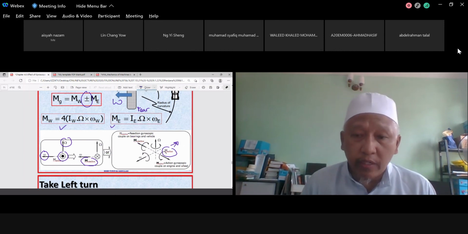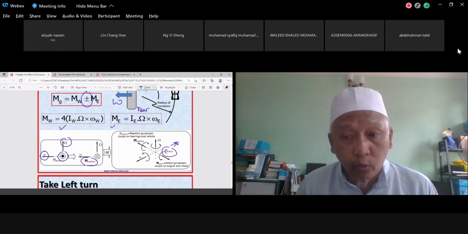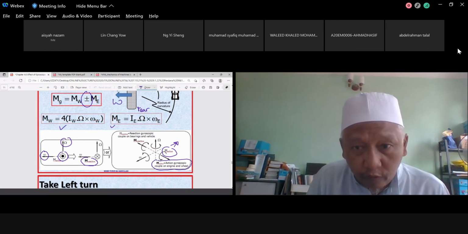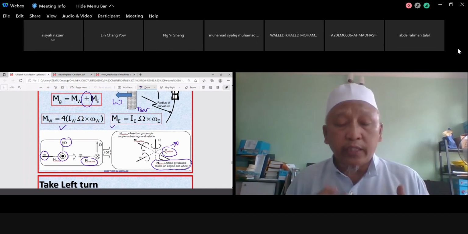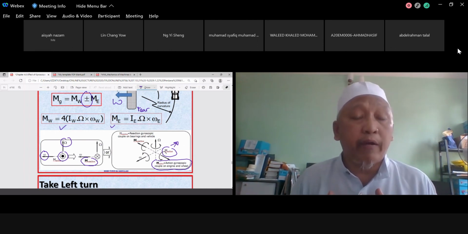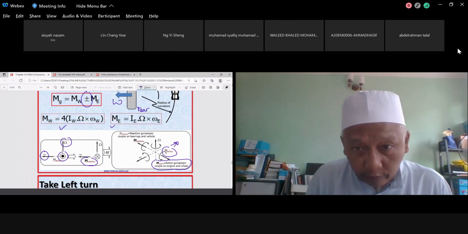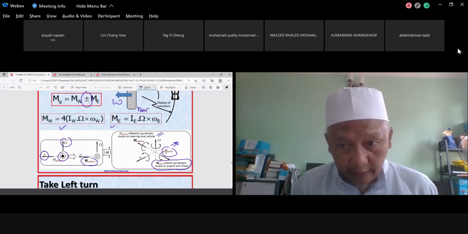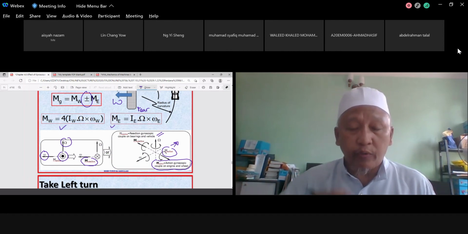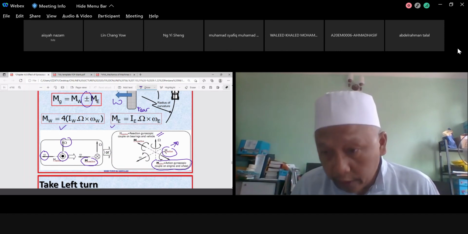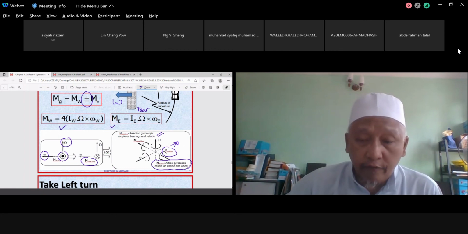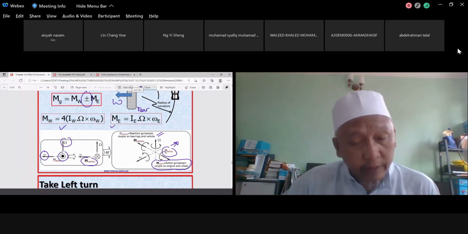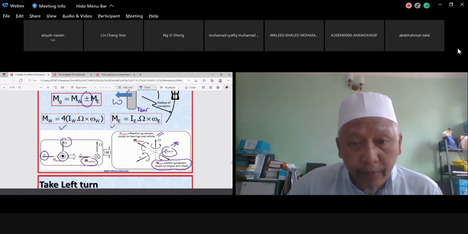If the question asks what happened to the wheel, you have to look for this one, so you don't need to look for the reaction. But if the question asks what the bearing reaction will be, then you have to look for this one. So it depends on what type of question you face. It is not exactly as what we did in the aircraft or the naval ship. It is quite different here, a bit different here.